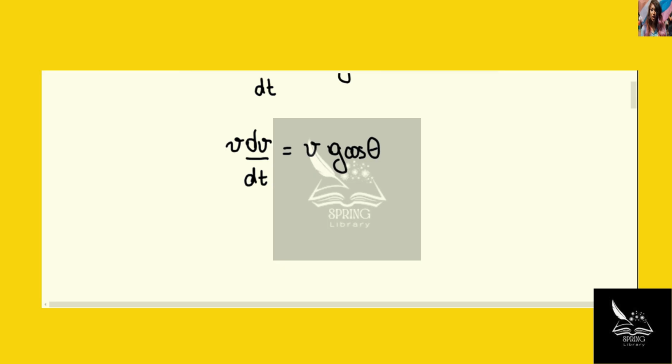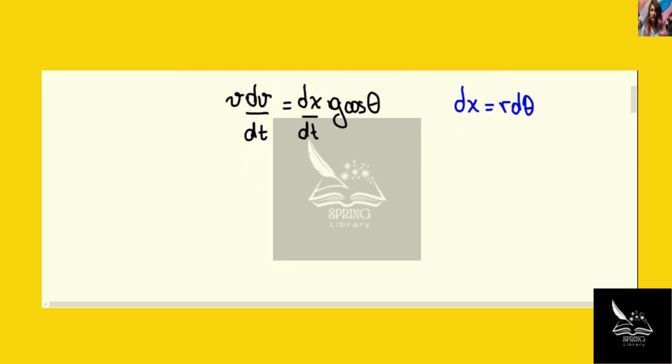And I'm going to write the velocity v, actually the speed v, differently. I'm going to write it as dx/dt, where dx is the arc length element such that dx is equal to r d theta, where the theta is the angle element. So the dt's cancel out, and we have v dv is equal to g cosine of theta dx.